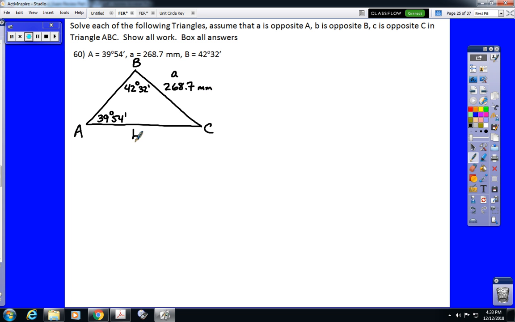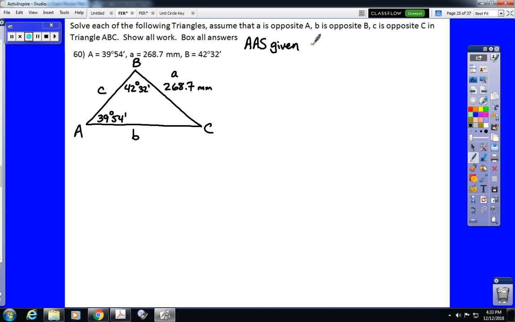Okay, so we need to find 3 items. We are given angle, angle, side. So if we look back in our notes for 7.1, 7.2, and 7.3, when we are given angle, angle, side, that is a very simple law of sines problem.